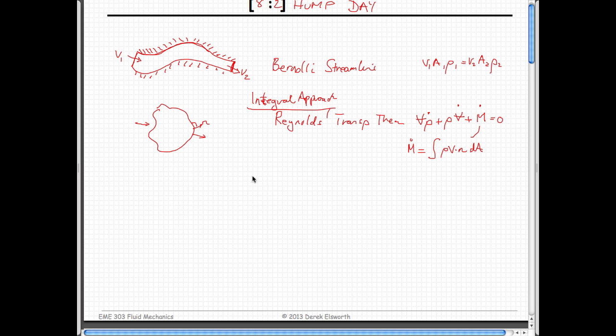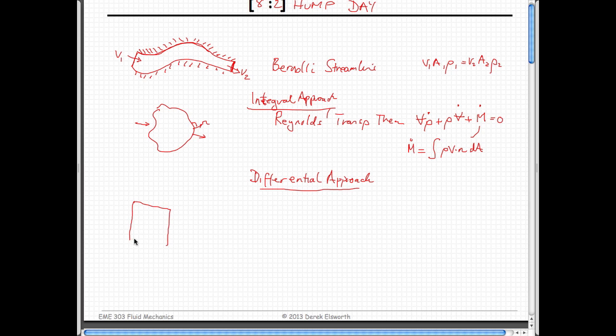And so, of course, you can imagine if there's an integral approach, there's a differential approach counter to that. And you can get the differential approach merely by changing the shape of the system that you're dealing with.